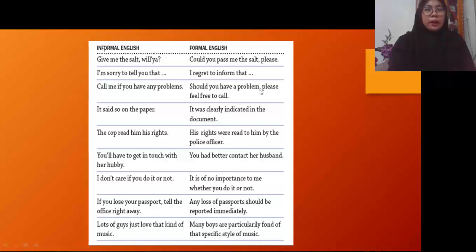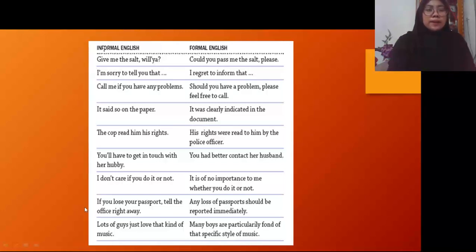"Should you have a problem, please feel free to call" is more formal and more polite than "Call me if you have any problems." "It was clearly indicated in the documents" versus "It said so on the paper."